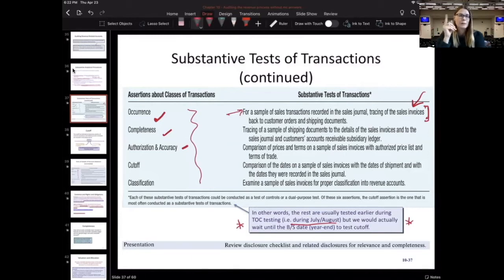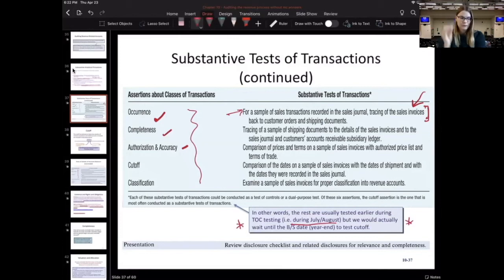The one exception to this is when I test cutoff for revenue and sales. Cutoff for revenue will obviously be tested at the end of the year, because the whole point of cutoff is I want to make sure sales are being recorded in the correct period. So obviously that one I'm going to want to test as of period ends.